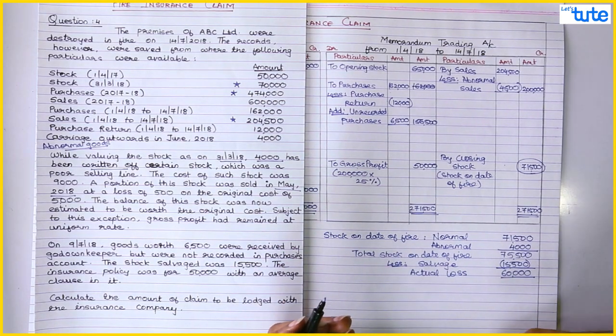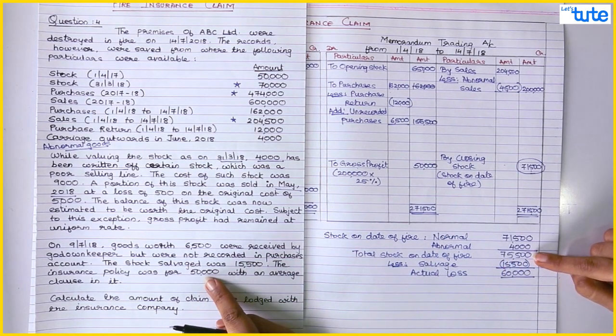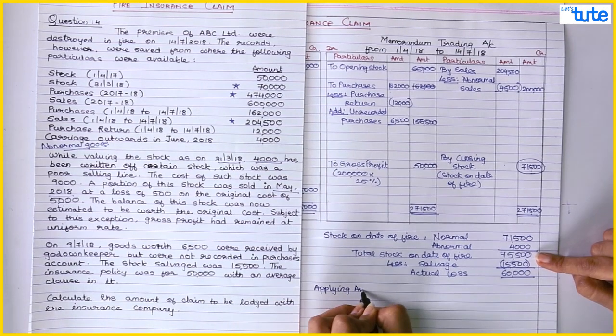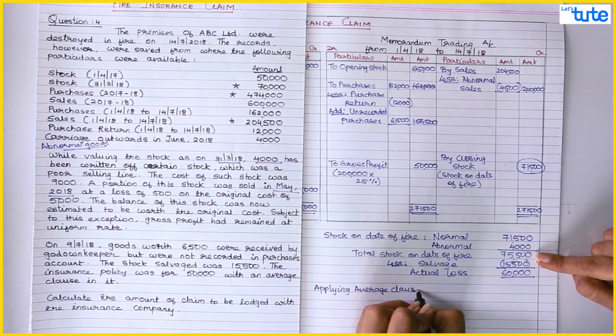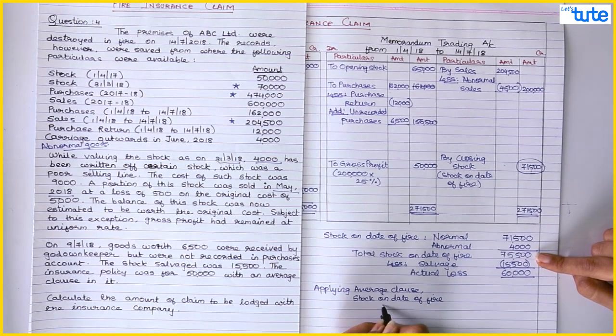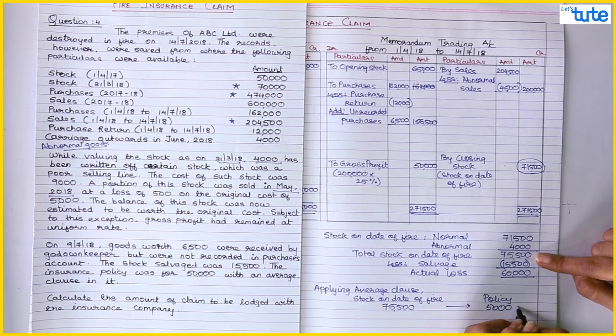Now when you apply average clause, your stock on date of fire is 75,500, against which you have a policy of only 50,000. So this is the case of under insurance, and you have to apply average clause. So applying average clause, stock on date of fire for 75,500 worth of stock, policy in effect is of only 50,000.